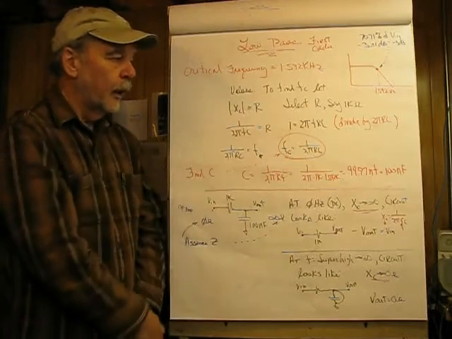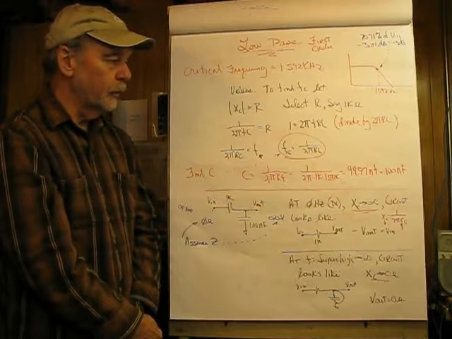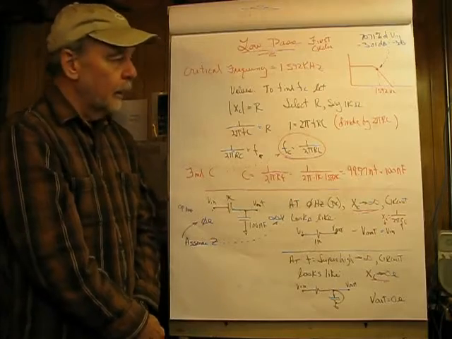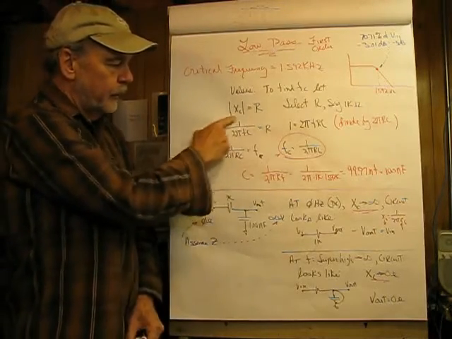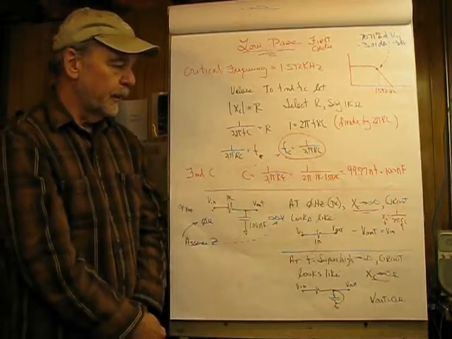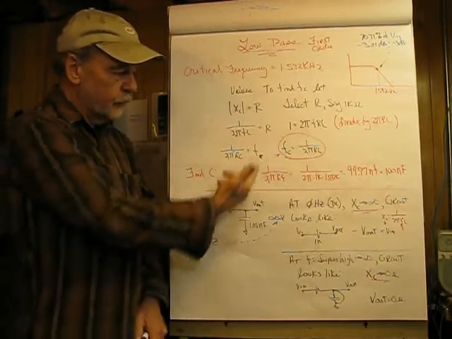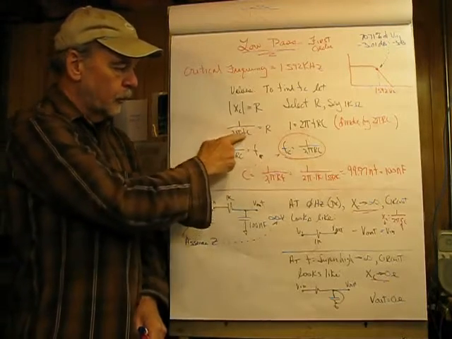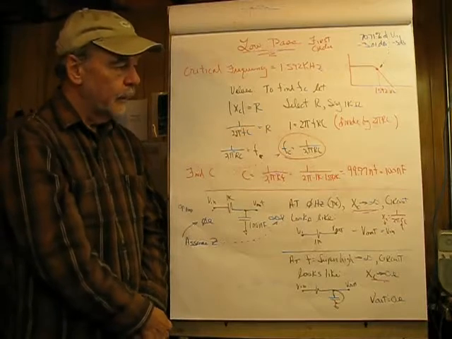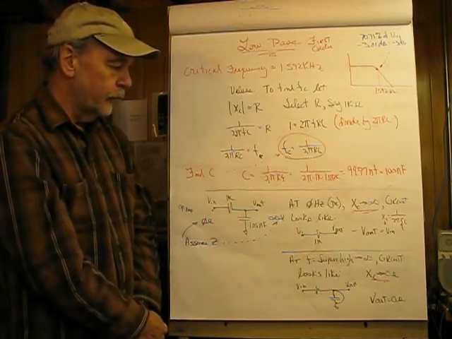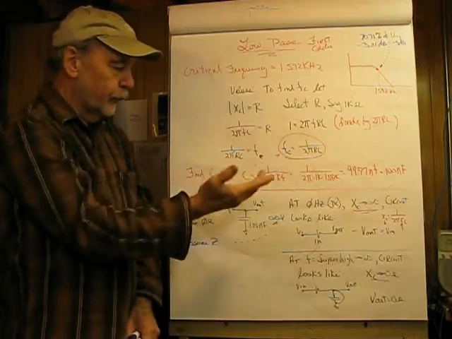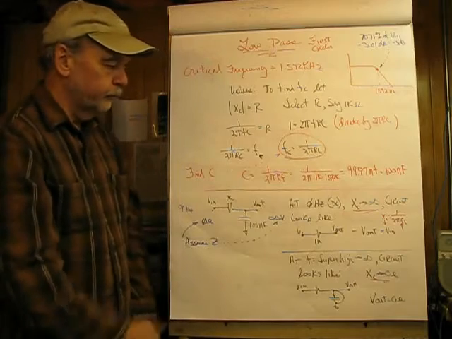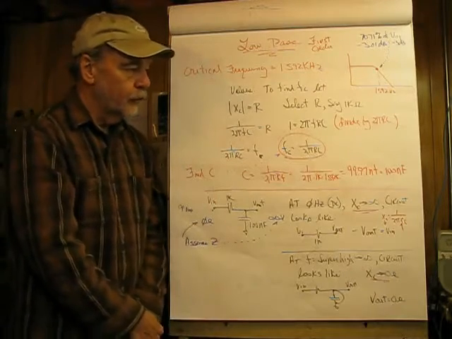We set that equal to R, and what this is going to do is basically produce a 50% voltage divider, and this would be the equation that we end up with: 1 over 2 pi Fc, which is the equation for capacitive reactance, is equal to R, and then all we have to do is solve for C. So here I'm multiplying both sides by 2 pi Fc, and then what I want to do is isolate C, and well, first I isolated F here. This is typically what we do, we look for the critical frequency. So I put that down as a first step, and you should be familiar with doing that.